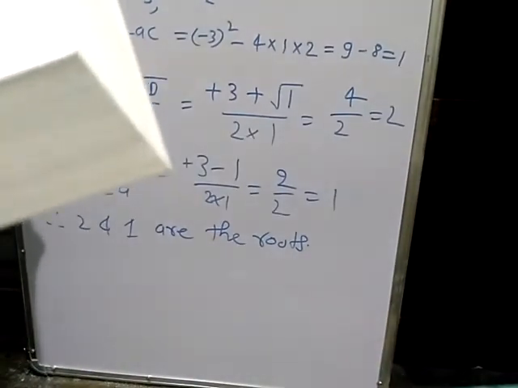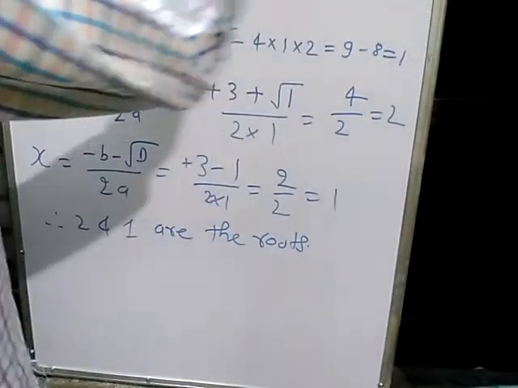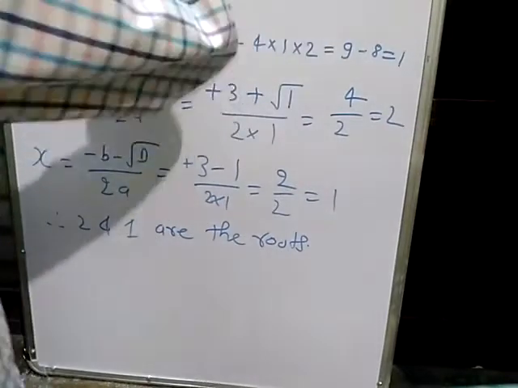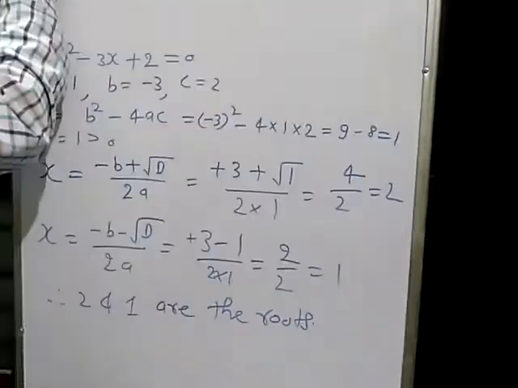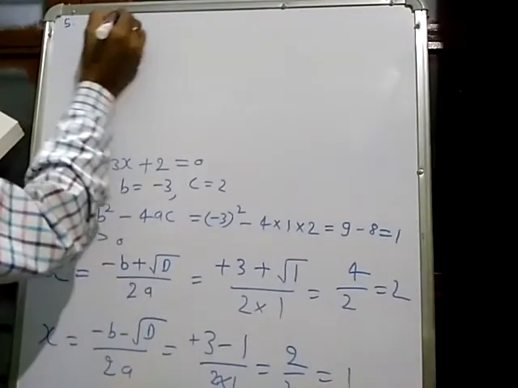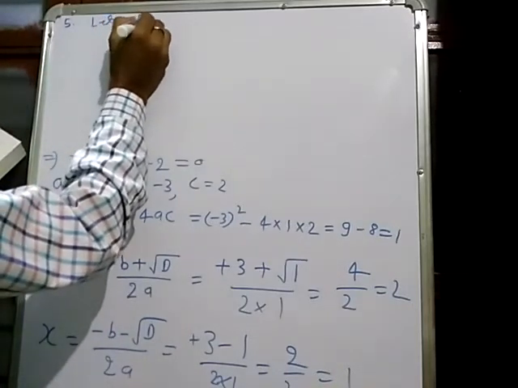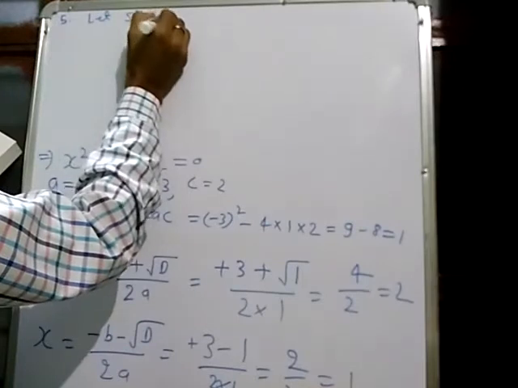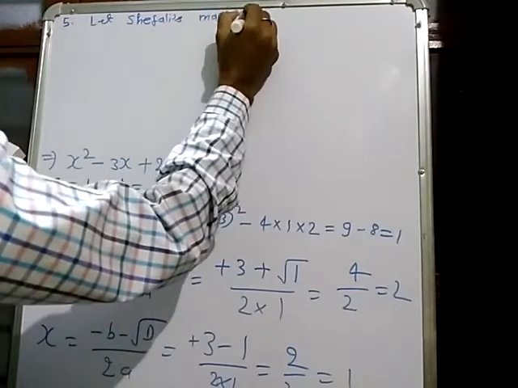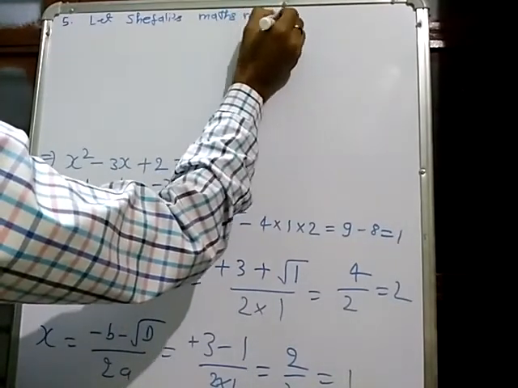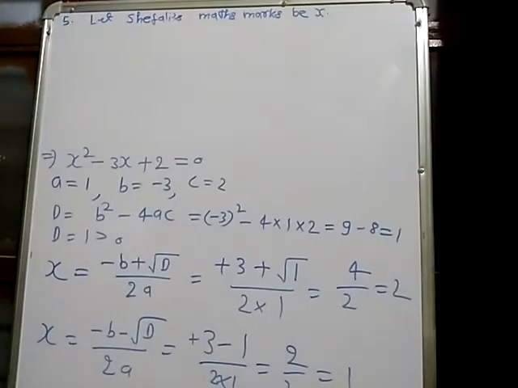The sum of Shefali's marks in mathematics and English is 30. So the marks of 2 subjects are given, mathematics and English, and it is 30. So for question number 5, to solve this question, let us say Shefali's maths marks be x, because the sum of her two subjects' marks is 30.